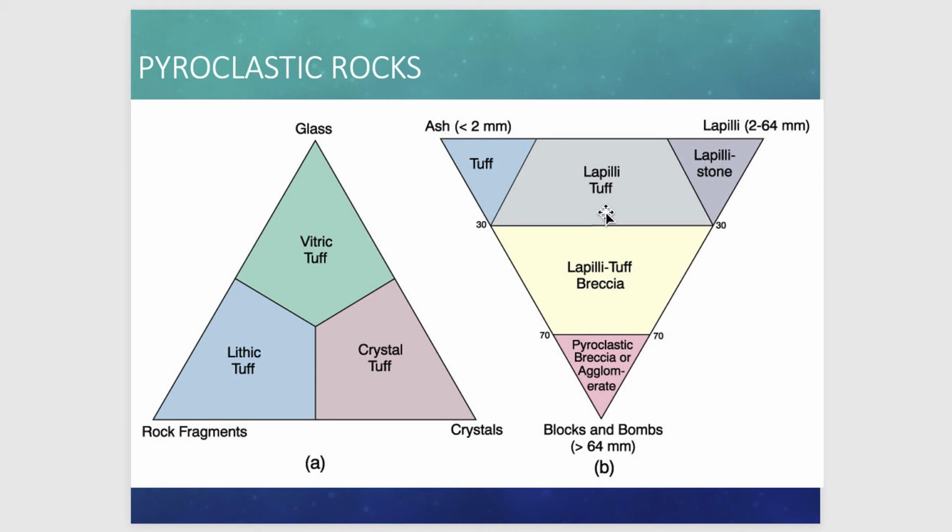And if we go this way, we increase the size of fragments, in a pyroclastic deposit that contains blocks and bombs that are usually composed of fragments that exceed 64 millimeters. So in this case, you start to talk about lapilli tuff breccias and then pyroclastic breccias or agglomerates, especially if they have been resedimented.